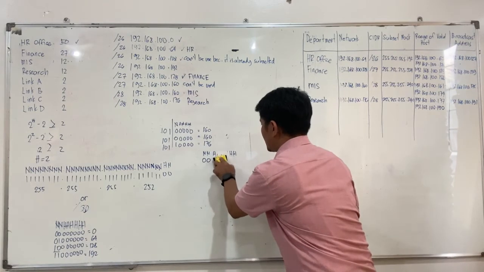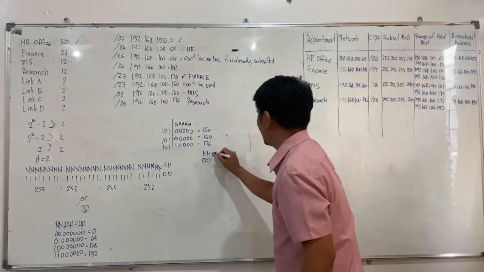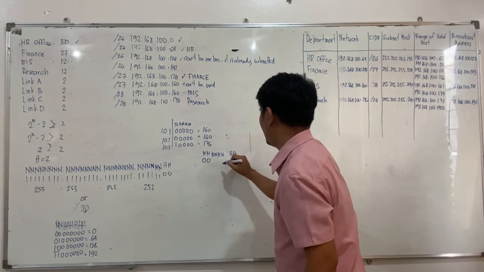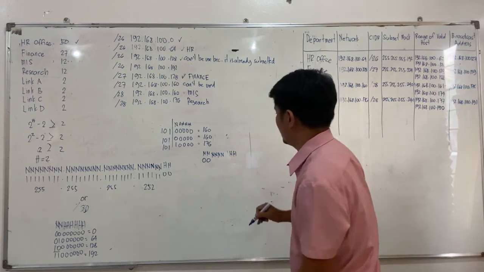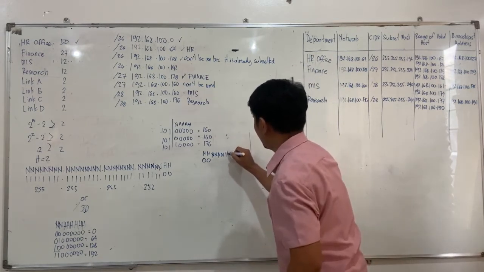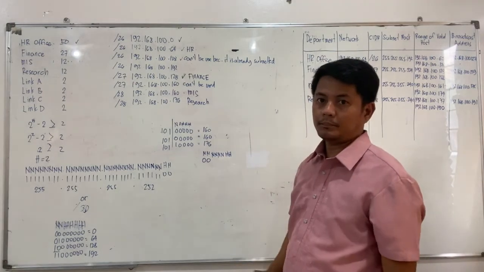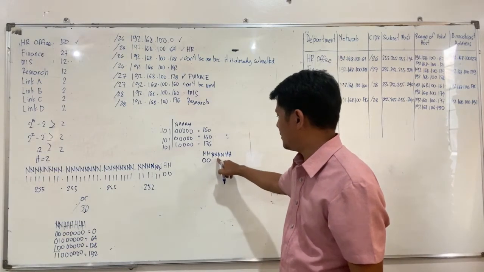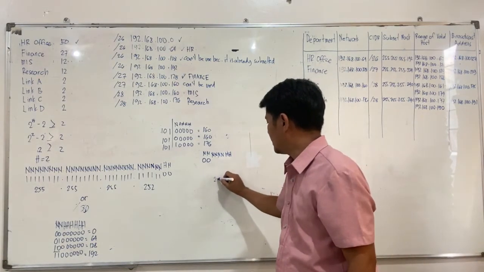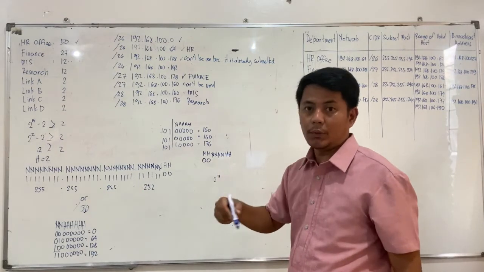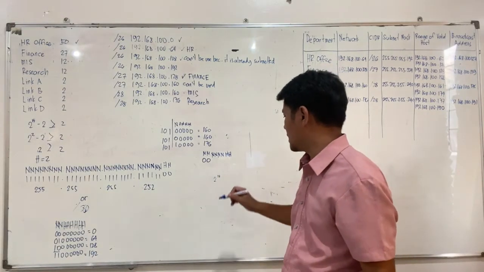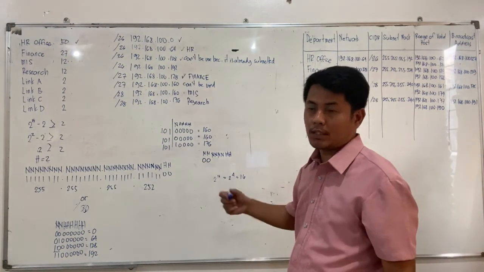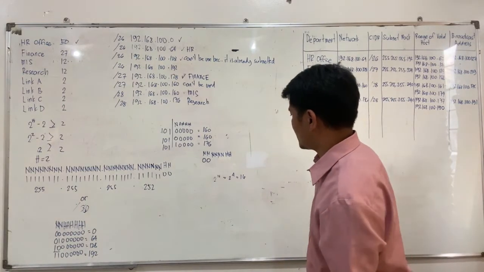Therefore, convert the rest into network bits: 1, 2, 3, 4. The remaining are 4 network bits here. From the formula 2 raised to n to define all possible combinations of zeros and ones, 2 raised to 4 is 16. We can produce 16 possible combinations of zeros and ones.